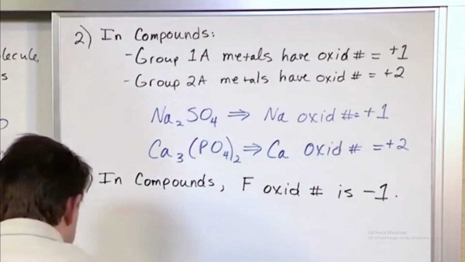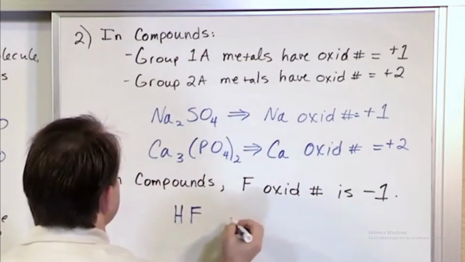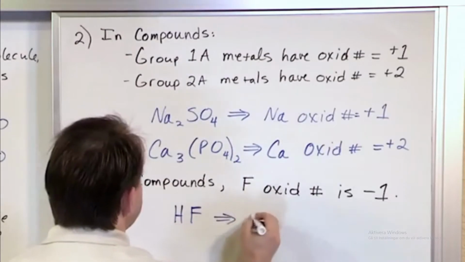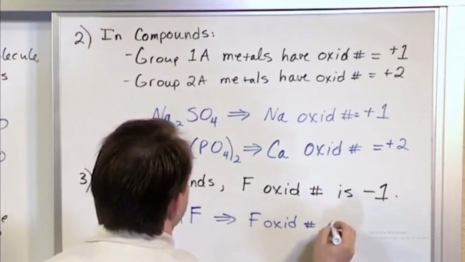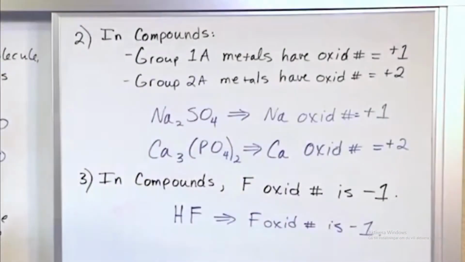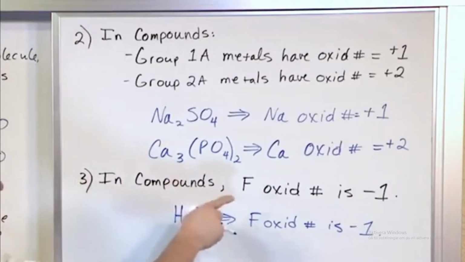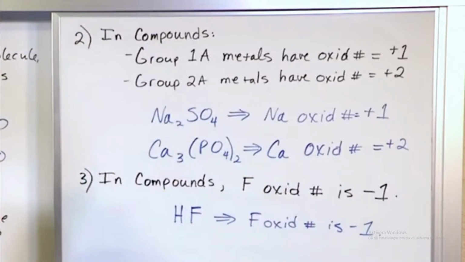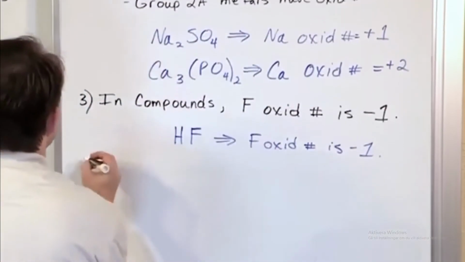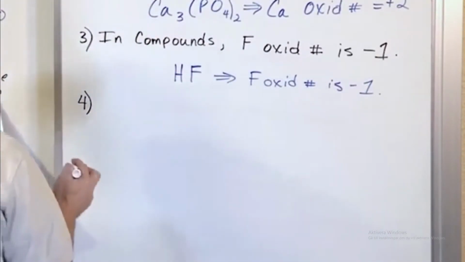So for instance, if you have a compound HF, then fluorine, you know right away, is -1. All right, so again, we look at HF, we see the F here, and we see that it's right here, it's always -1, so we know right away without doing anything else that the oxidation number is -1 for that one.